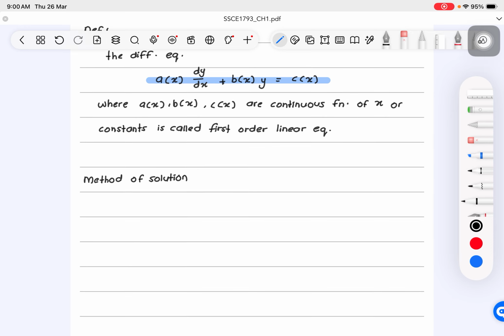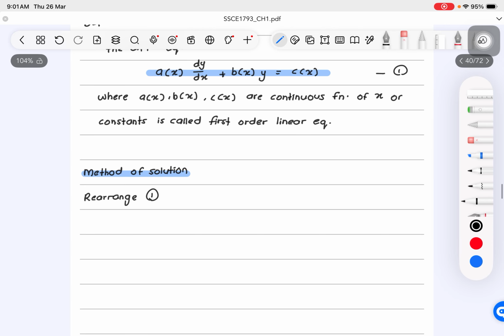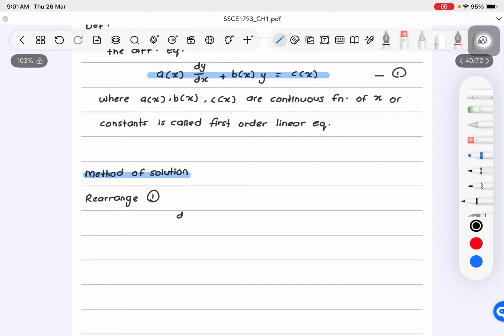So this is the first one. Now we are going to rearrange our first equation, because we want to make the coefficient of dy over dx equal to 1.